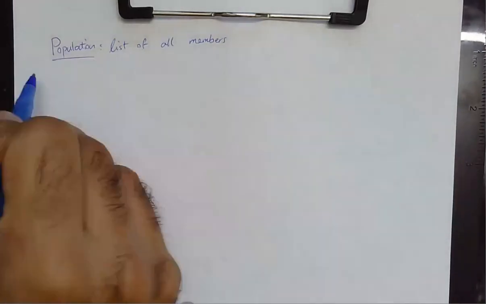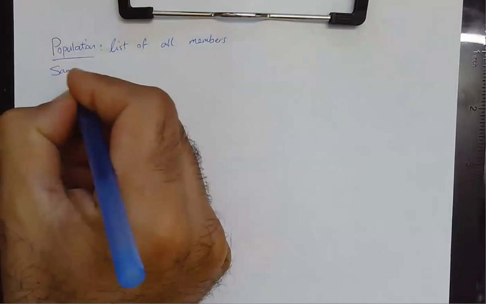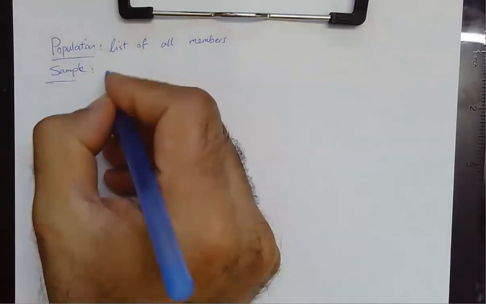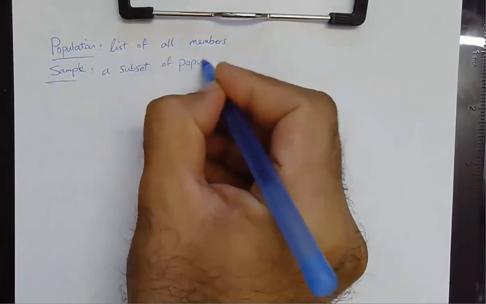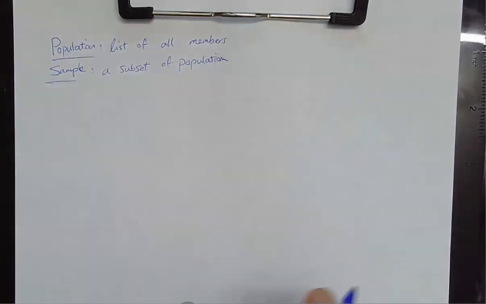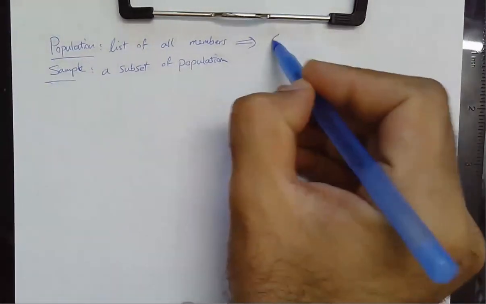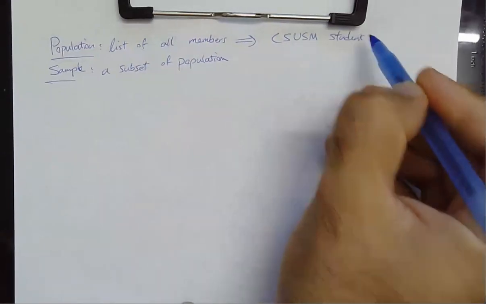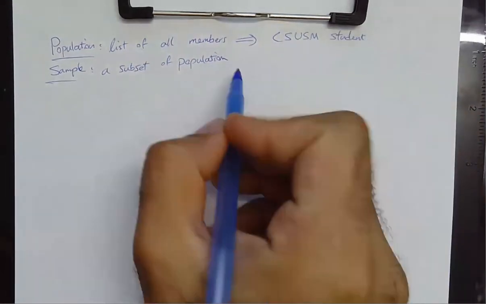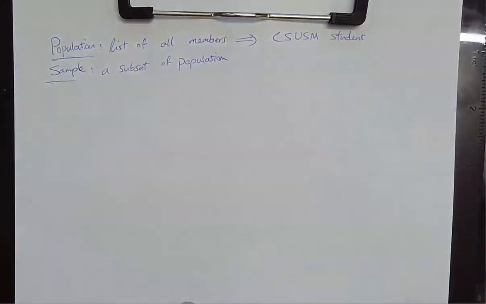So the list of all members that are under study by us, by the analyst, is the population, and then we have sample. Sample is a subset of population. I'm going to take our sample as our class, the list of everyone in our class. So population here, let's say, is going to be CSUSM students, active or enrolled students in a specific year.